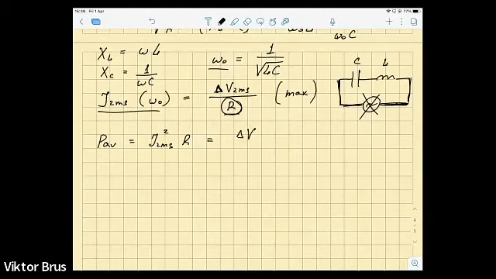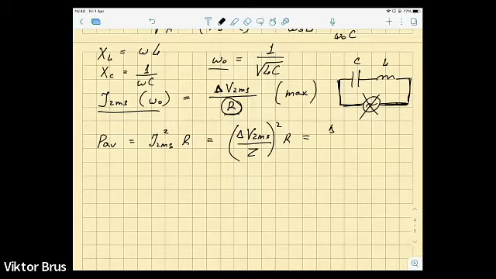It will be (delta V RMS divided by Z) squared times R. So now we can express Z for an active resistor, capacitor, and inductor connected in series.